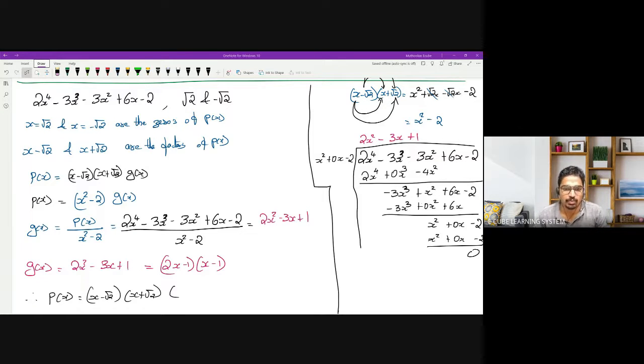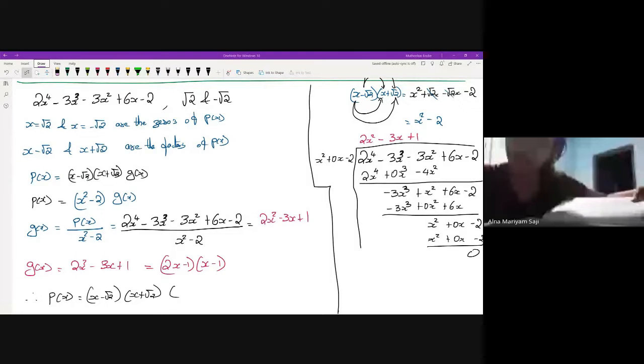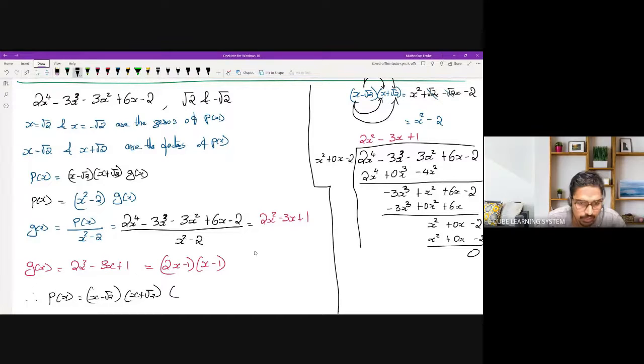What can we write there? x plus root 2 into x minus root 2 into 2x minus 1 into x minus 1.